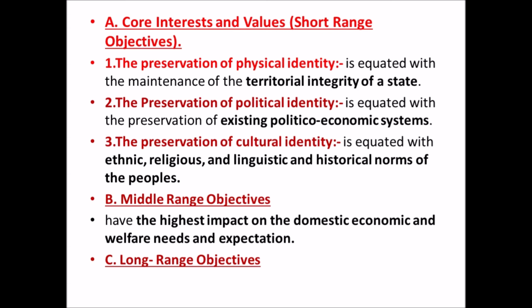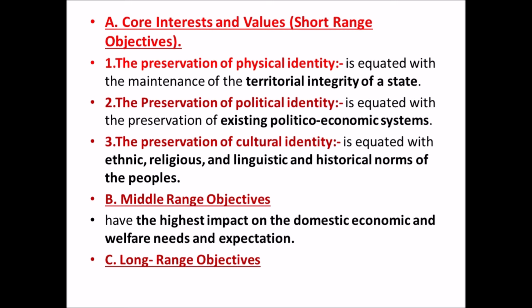So generally, core interests or short-range objectives are related with physical, political as well as cultural. So preserving the physical identity, the political identity, and the cultural identity is the basic core interest and value of foreign policy objectives. Second one is middle range objectives.